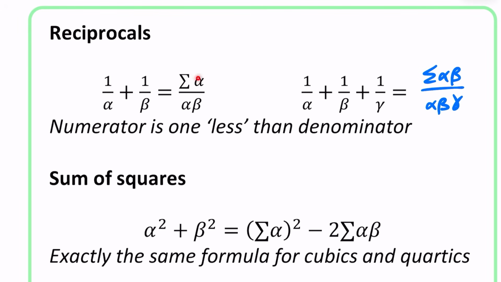In other words, the numerator is like 1 degree lower: there's just one root here and 2 here, there's 2 roots here and there's 3 roots here. So if it was 1 over alpha, 1 over beta, 1 over gamma, 1 over delta, it would be the sum of alpha, beta, gamma on the numerator and alpha, beta, gamma, delta in the denominator. So the numerator is 1 less than the denominator.